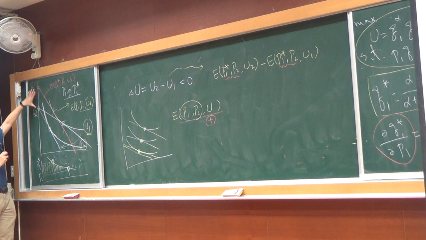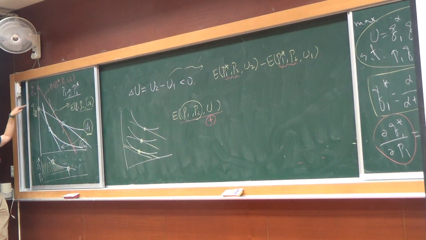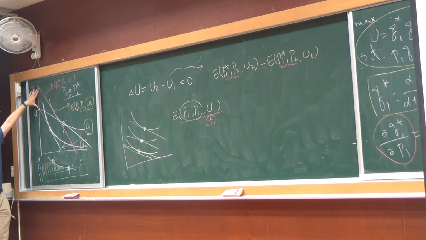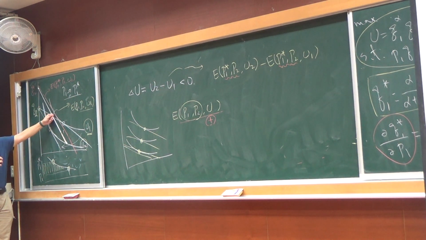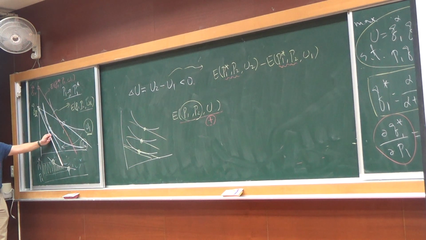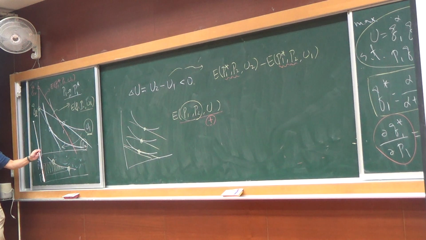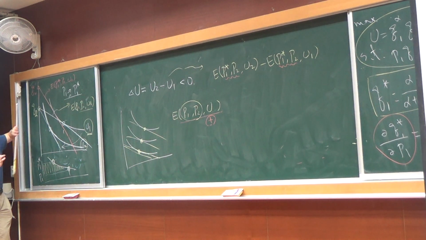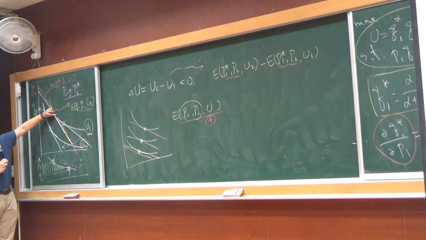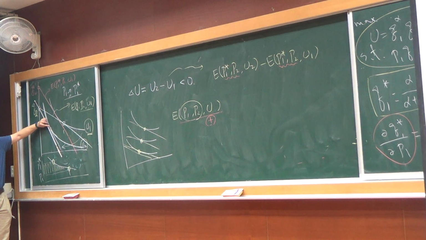And you will say, oh, the vertical difference is Q2 prime and Q2. However, P2 doesn't change at all. So the corresponding minimum expenditure would be P2 Q2 prime and P2 Q2. Okay? That verifies what? The expenditure for this is higher than the expenditure for this.